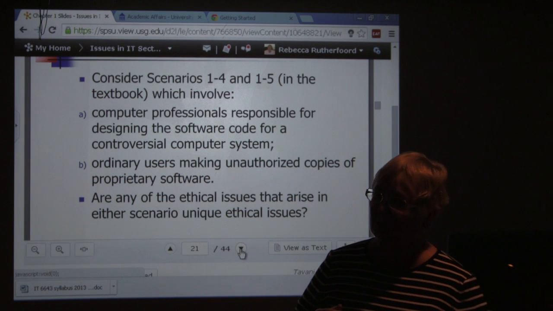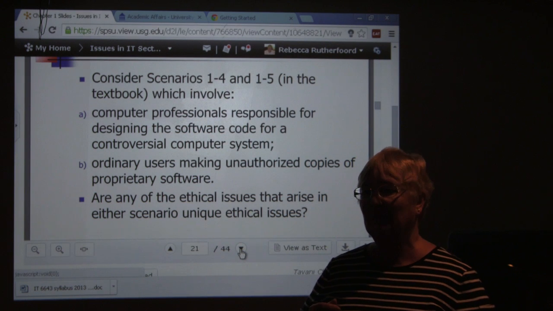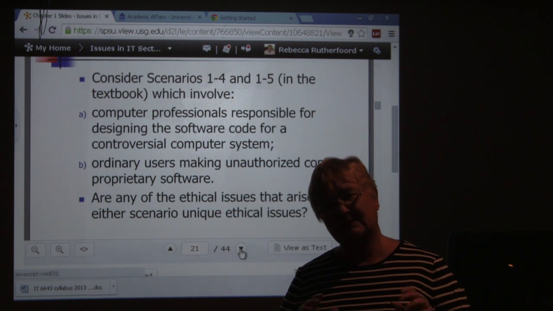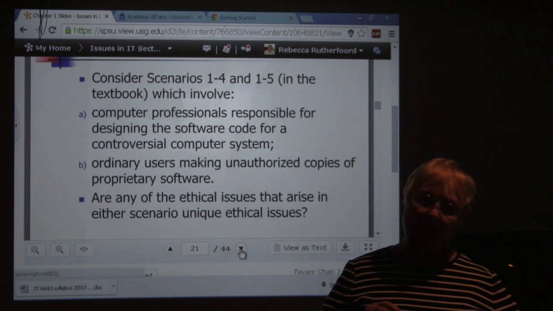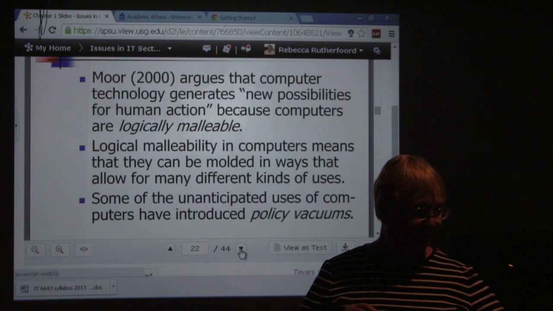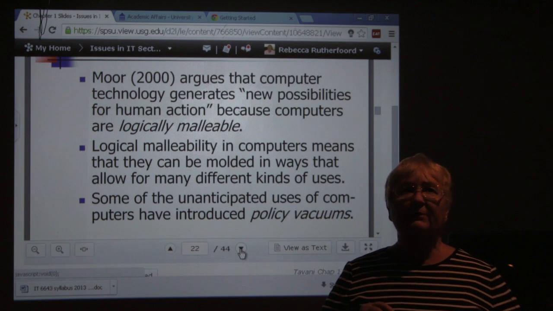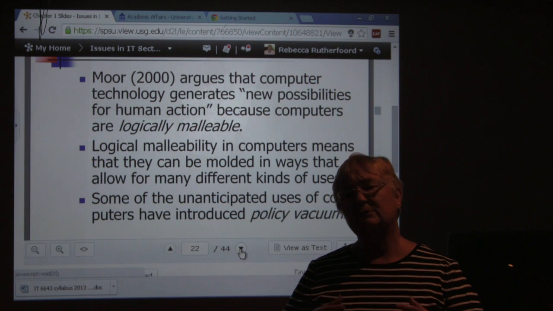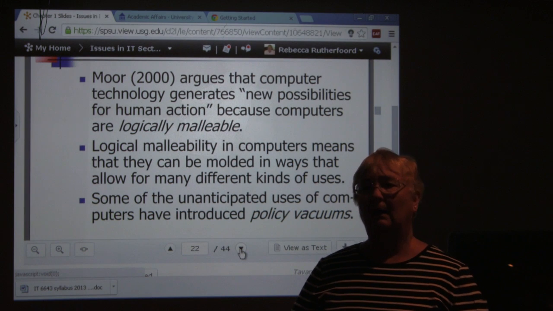So there are all kinds of things we can look at here. One of our common ones is unauthorized use of proprietary material. We'll be talking about copyright later on. That's actually a pretty big issue for the web. One of the things we mentioned briefly is that new technologies cause us to behave differently.